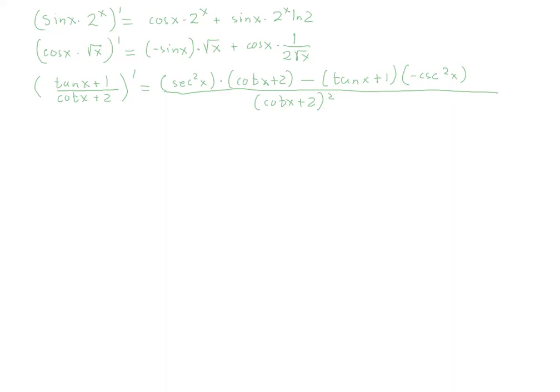And let's also do one with secant x plus square root of x over cosecant x minus e to the x. Let's do this one. And again, let's recall our little trick with the quotient rule.